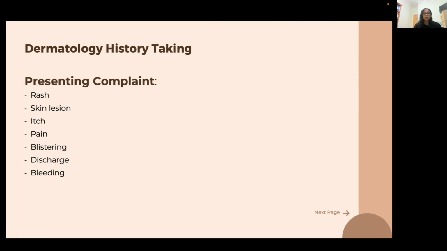but common things that we might see in dermatology could include having a rash, skin lesion, itch, as someone mentioned, could be pain, or it could be more secondary characteristics, so things like blistering, discharge, bleeding. So for any of those symptoms, of course, you want to ask a bit more about them.